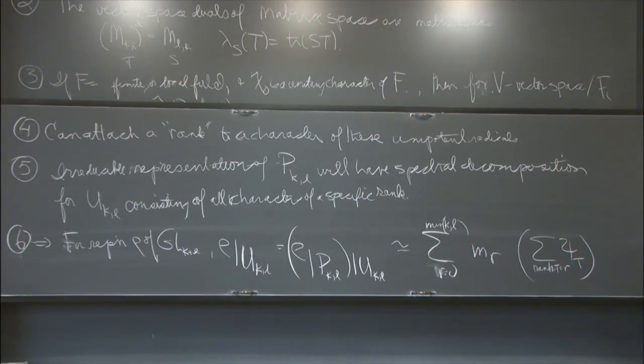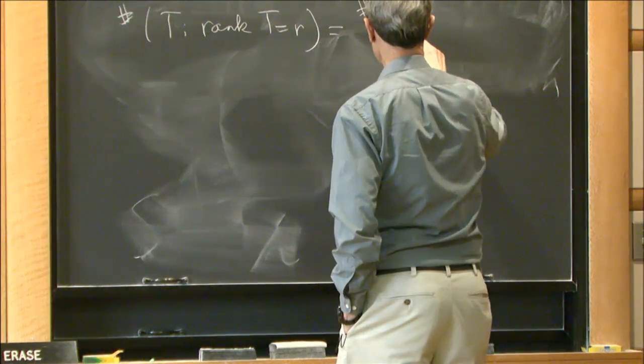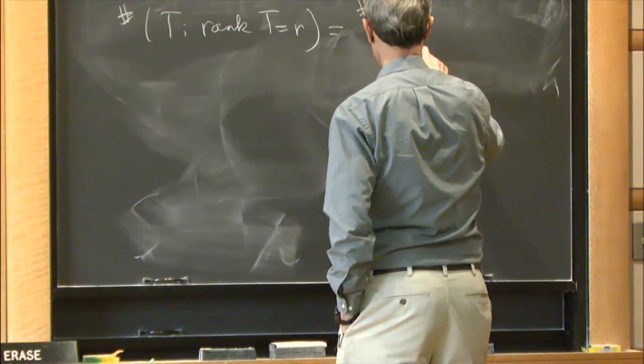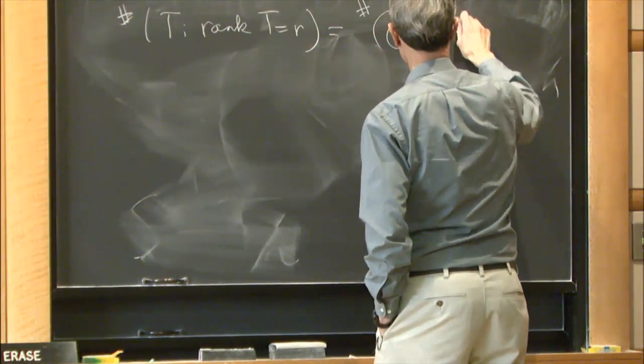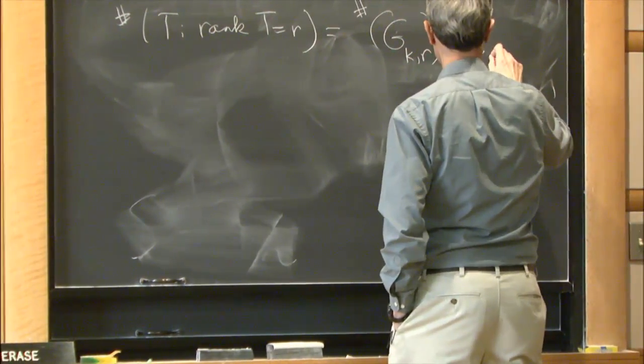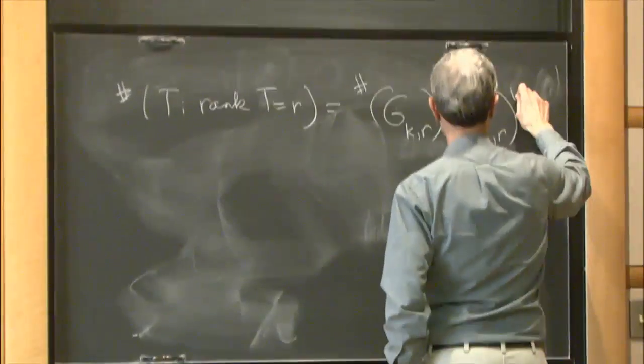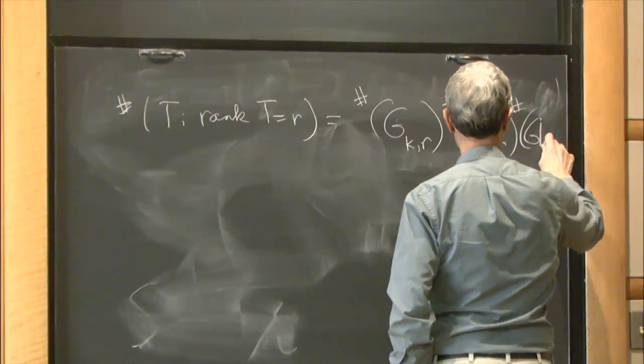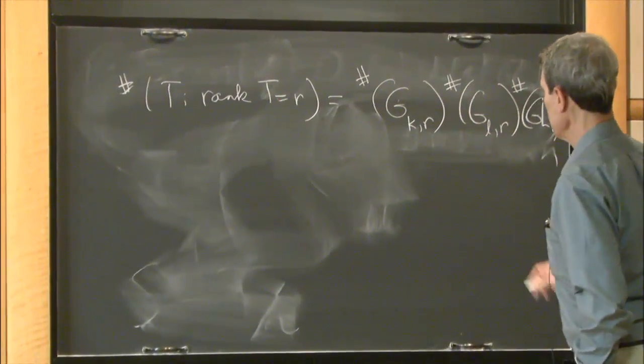So the number of T such that rank T is R is going to be equal to this.